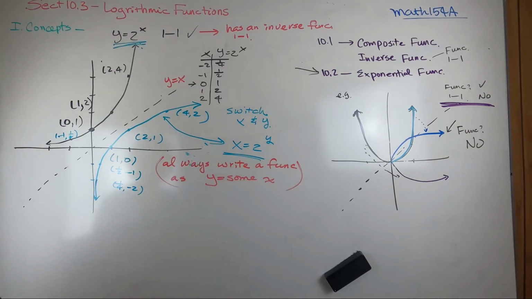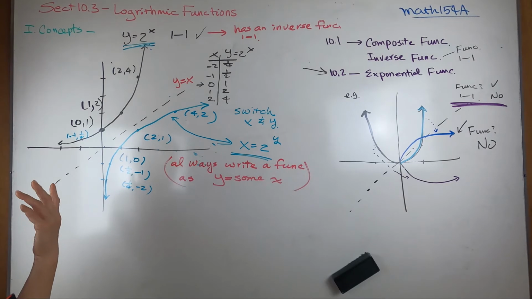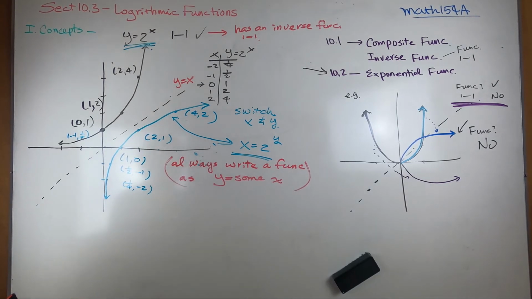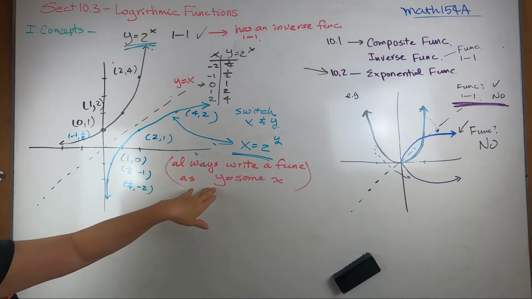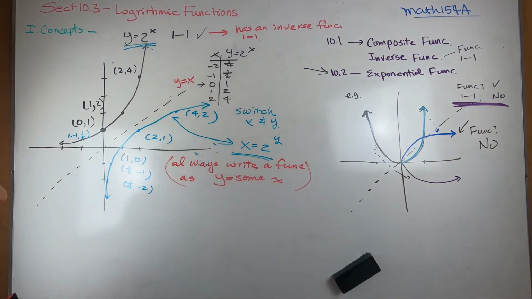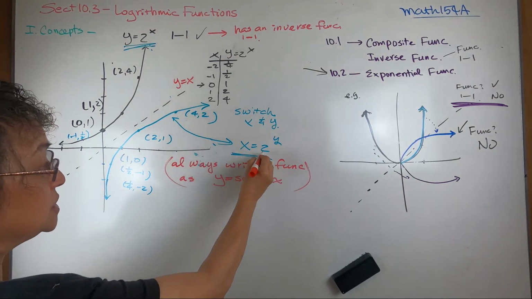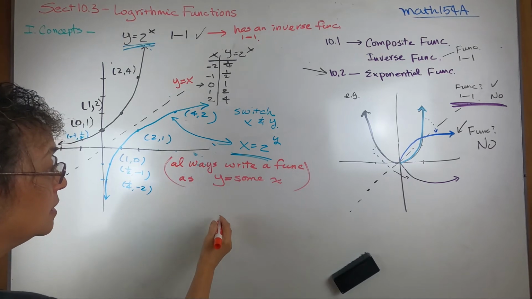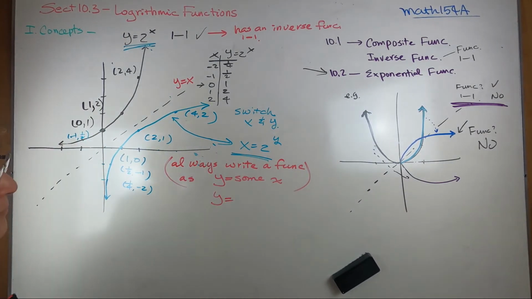We always write it this way, y equals something, y equals 2x squared minus 5, things like that. So we always get a y by itself, which is your f of x. So when we have this, x equals 2 to the y, we have to write y equals some x.